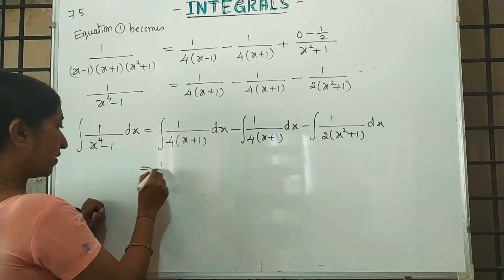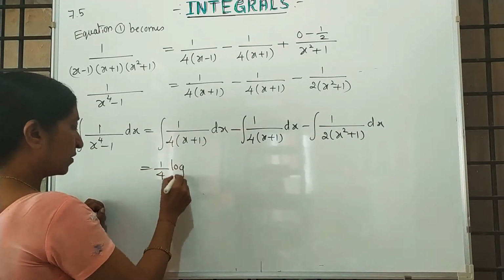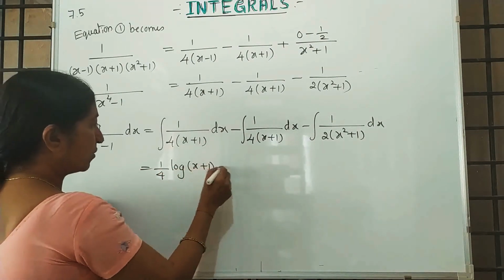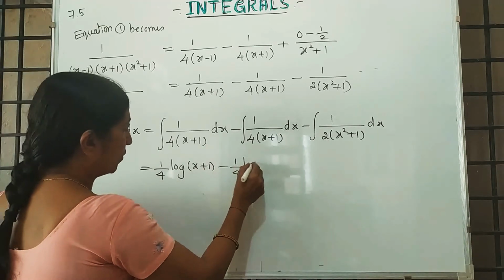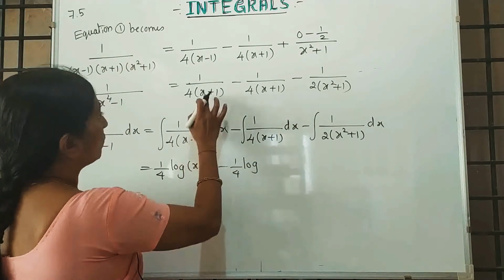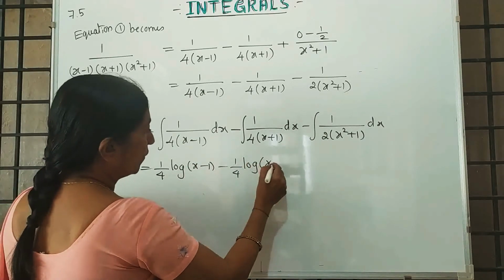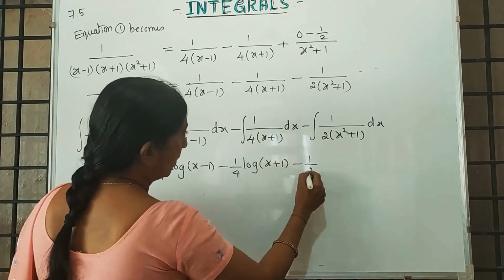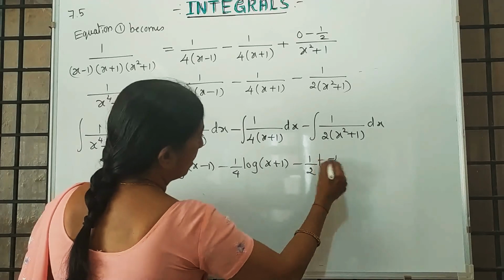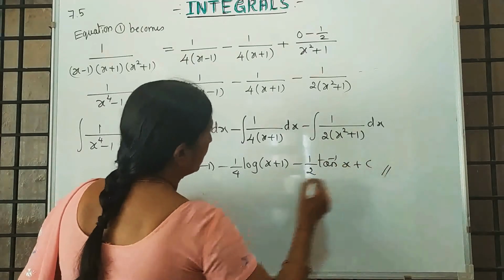This is 1 by 4 log of x minus 1, minus 1 by 4 log of x plus 1, minus 1 by 2 tan inverse of x plus c.